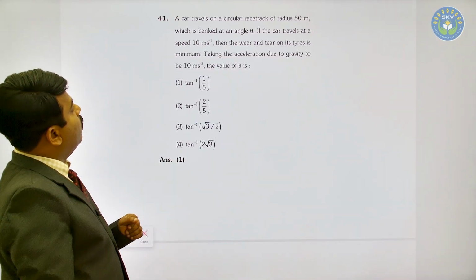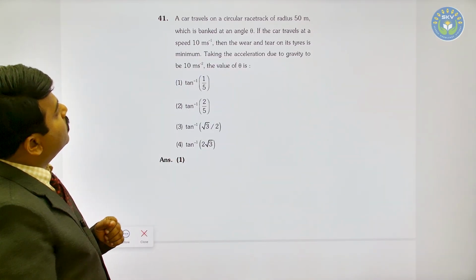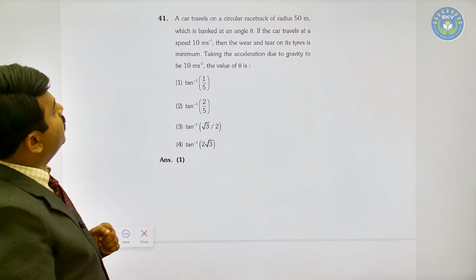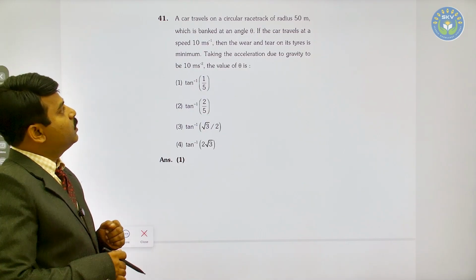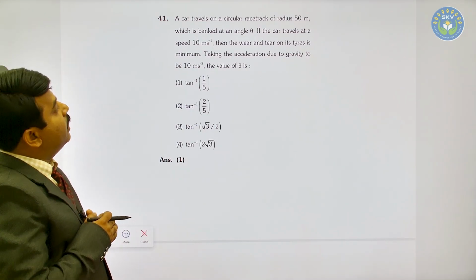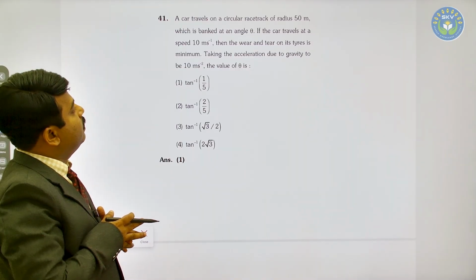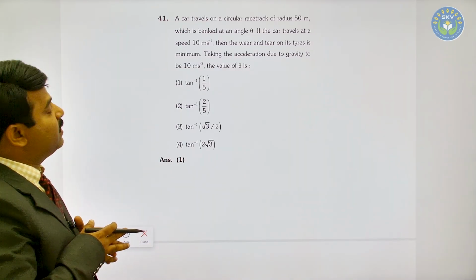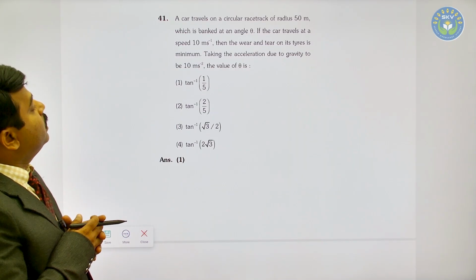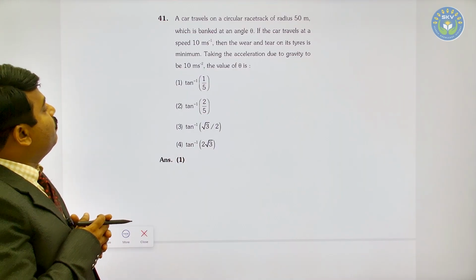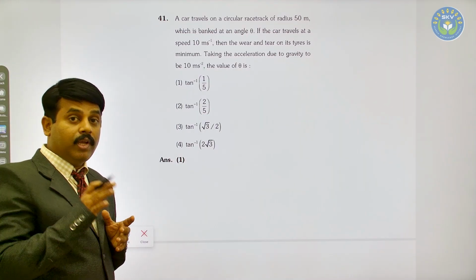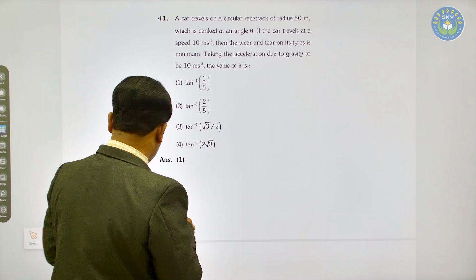Question number 41. A car travels on a circular racetrack of radius 50 meter, which is banked at an angle theta. If the car travels at a speed of 10 meter per second, then wear and tear on the tire is minimum. Taking the acceleration due to gravity as 10 meter per second square, find the value of theta. What formula did we study?